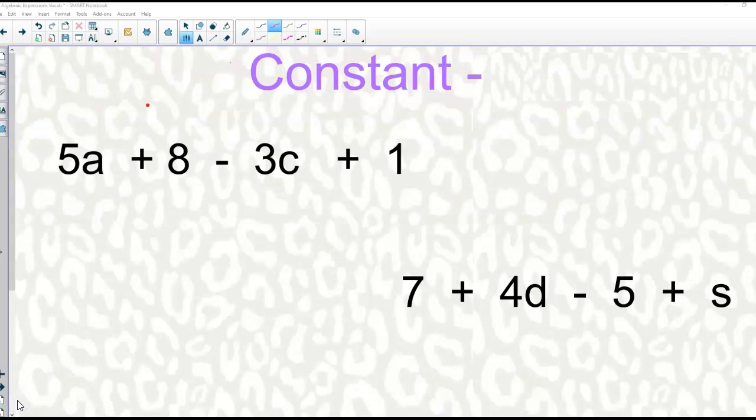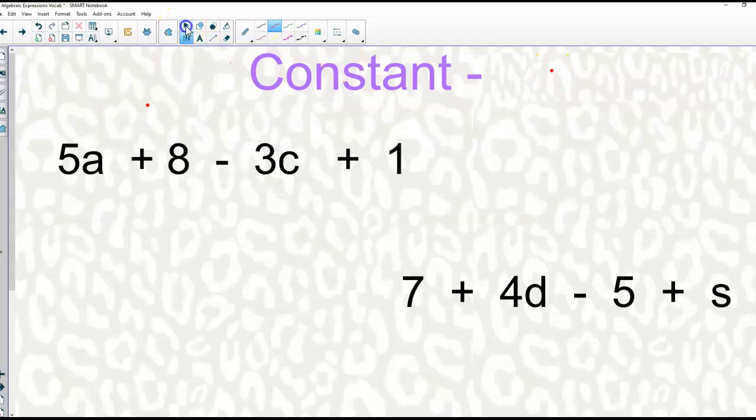Our last term for the day is the word constant. If you think of the word constant, constant means something that stays the same. And that also applies to this algebraic expression.